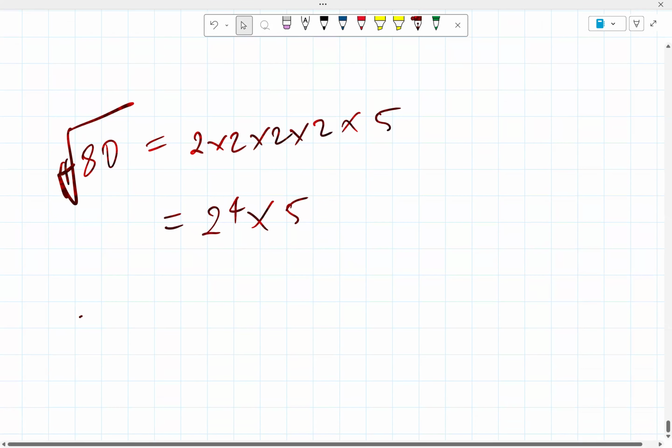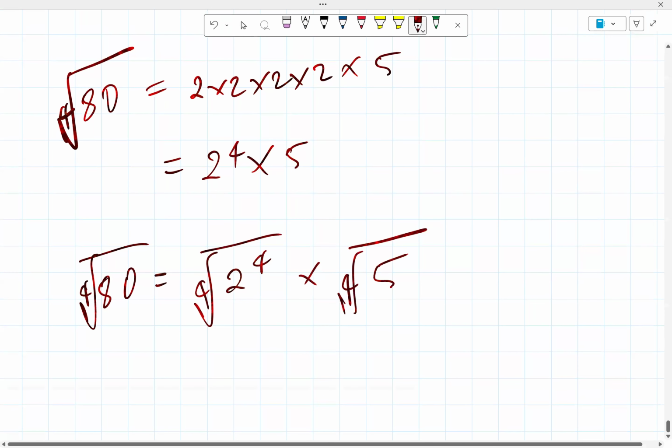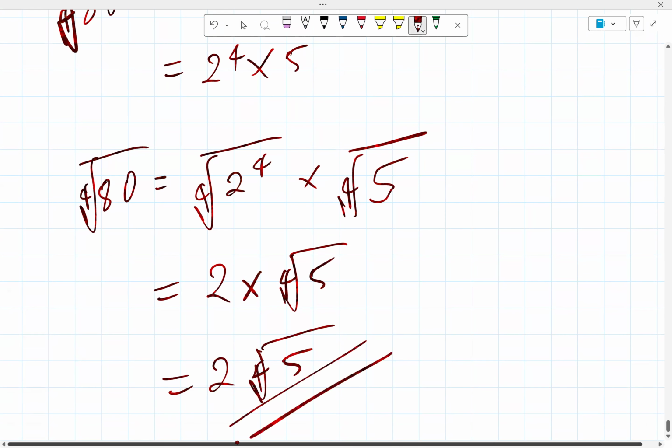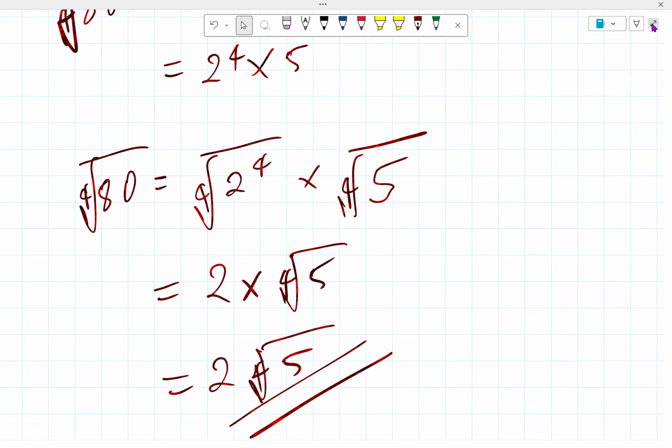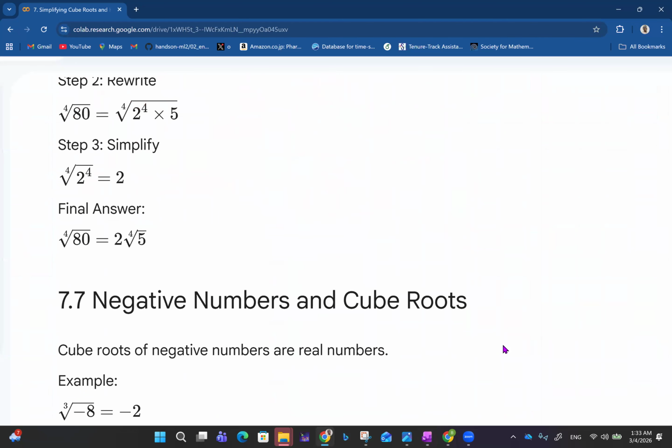So the fourth root of 80 is equal to the fourth root of 2 raised to power 4 times the fourth root of 5, and the fourth root of 2 raised to power 4 is 2. So we have 2 fourth roots of 5, and that's just what we get. We group it in fours like that because we are interested in the fourth root.